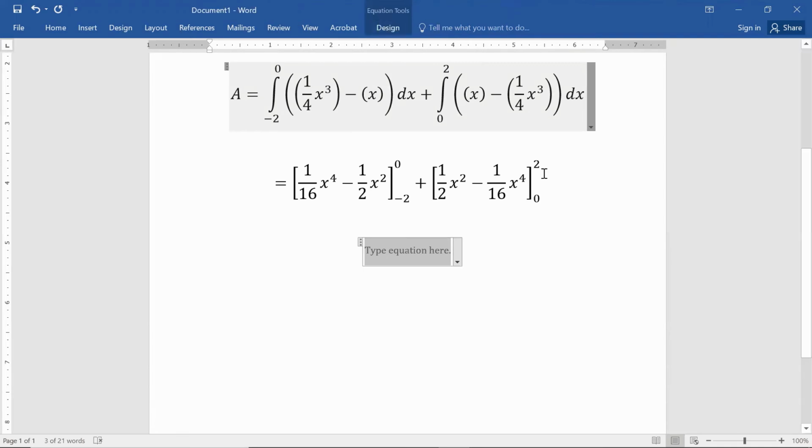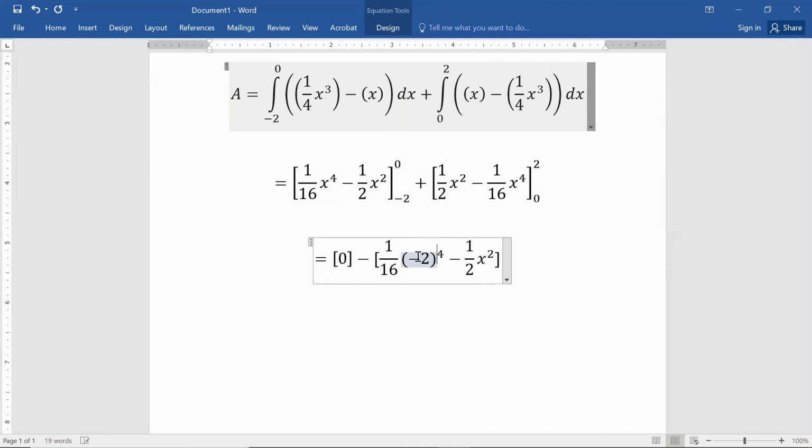Now we can plug things in. It's going to be nice to plug in 0 because this is a polynomial. If I plug in 0, I end up just getting a 0. Minus, when I plug in -2, I replace each x with a -2. I'm going to let my calculator do the hard work in simplifying.